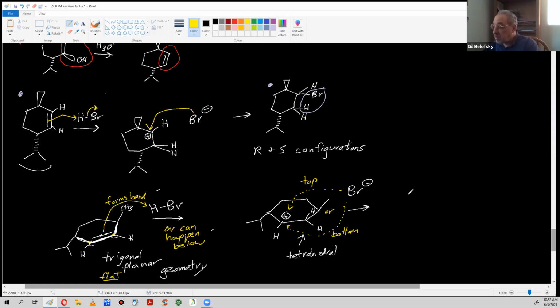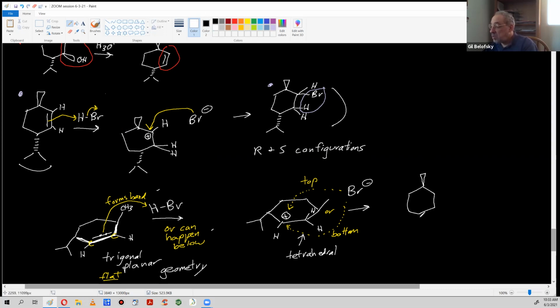So that is going to lead to the bromine being either up or down with respect to the other groups in the molecule. So to draw that, I'm going to go back to the original view here because we have all we need to know now.